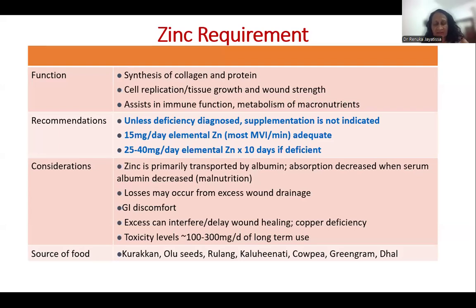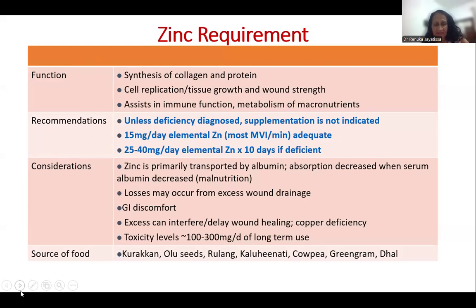In our case, the usual recommended dose is 15 milligrams per day, but if they have a deficiency, you have to give a higher dose like 25 to 40 milligrams per day. Usually the recommendation is only for 10 days.